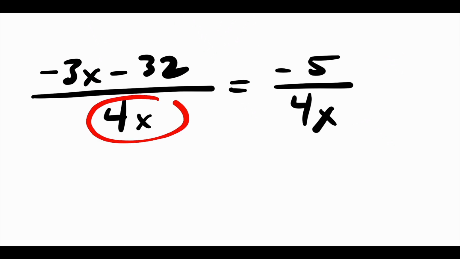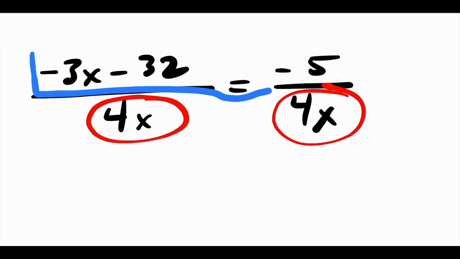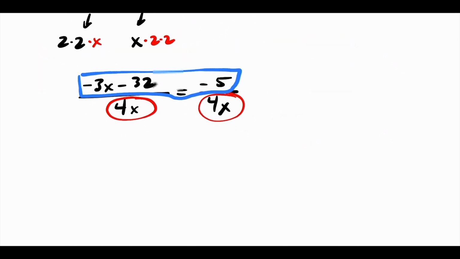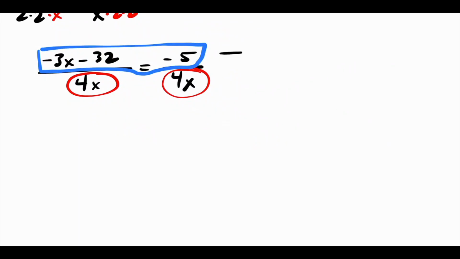If the bottoms are the same, all you have to do is set that equal to each other. So in other words, you can just solve this guy. -3x minus 32 equals -5, and solve that way. And you'll get the same answer. I'll show you.